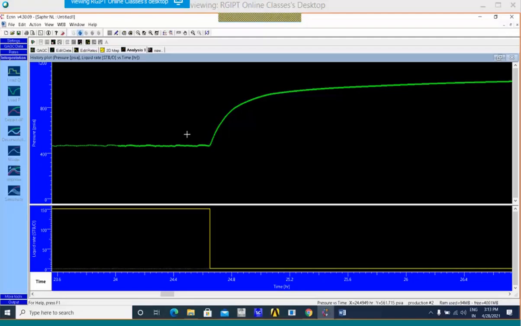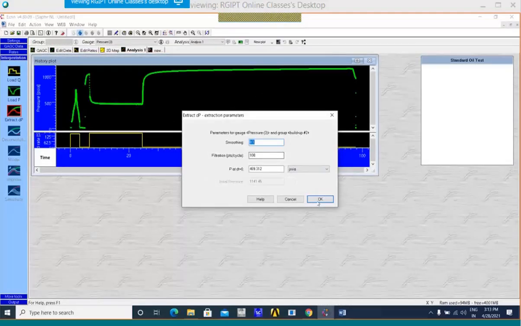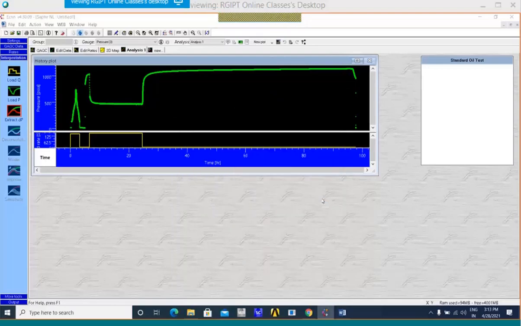Extract DP. So yeah, it has the choice of pressure buildup one or pressure buildup two. So I'm taking buildup two. And these values I will take as default. So now this is the pressure derivative curve.